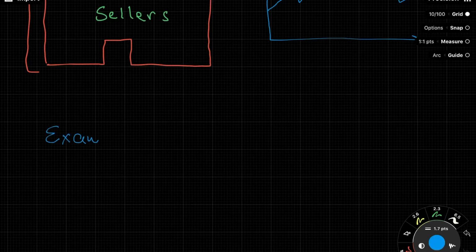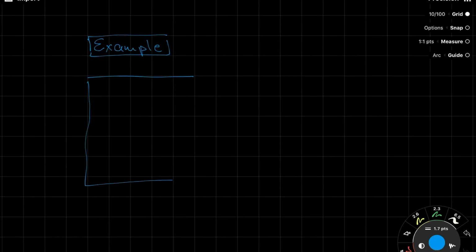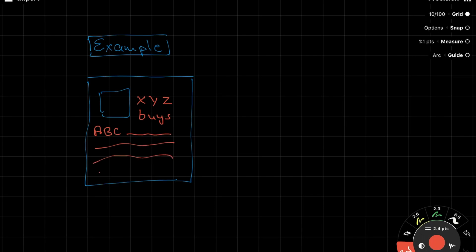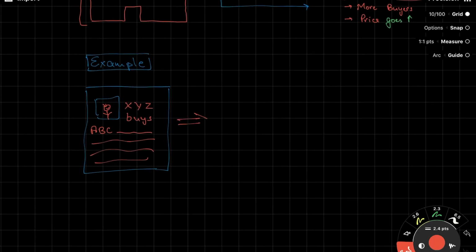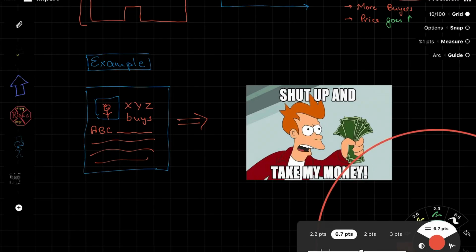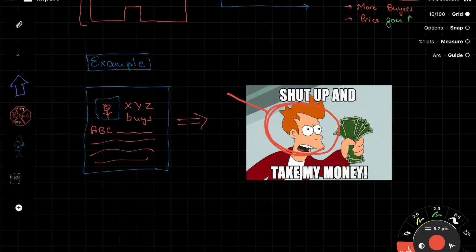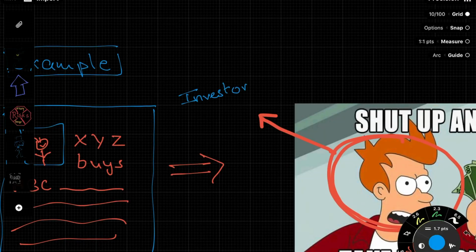Let me give you a real life example of how this works. So you wake up one day, you read the newspaper, and the company you invested in, XYZ, buys another company called ABC. What's this gonna lead to? Well, this is gonna lead to a lot of things. Some investors are gonna think that this company XYZ will be beneficial in the future, so they start accumulating its shares.